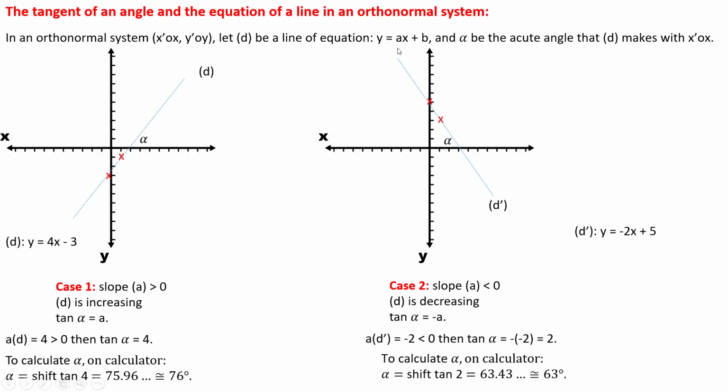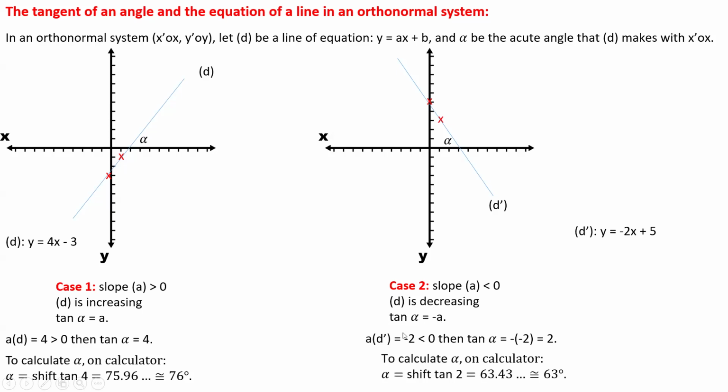Now, if I have a line D prime of equation y equals minus 2x plus 5, here the slope of the line is negative. So in the negative slope case, I say D is decreasing and tangent alpha is equal to minus a.